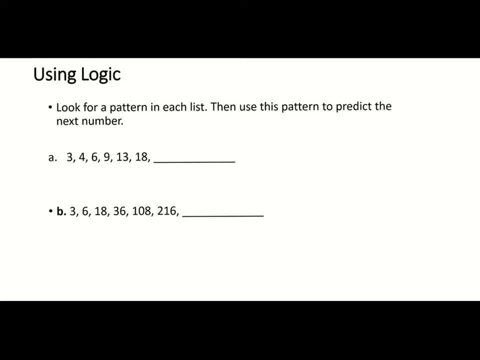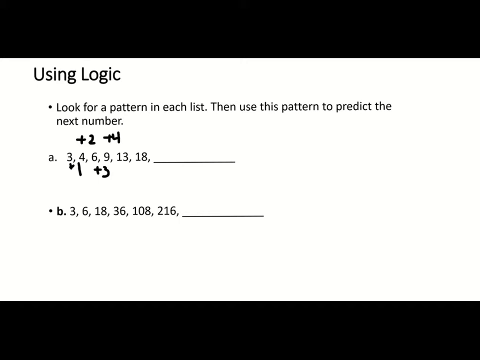I always tend to start with addition. Again, it's a little bit easier. So here I can see to go from 3 to 4, they added 1. To go from 4 to 6, they added 2. To go from 6 to 9, they added 3. To go from 9 to 13, they added 4.